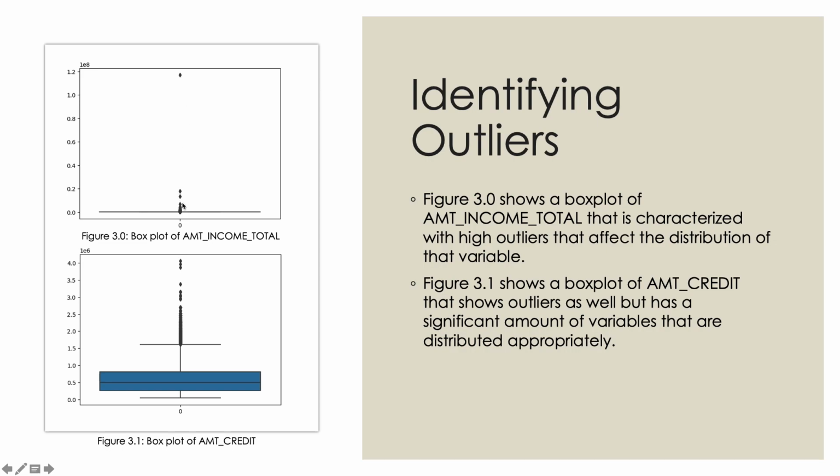Then we can go all the way to the bottom, and here we can see that there are a lot of clients that fall in the same range of the income that they earn, but also outliers as well. Then looking at the main data, which is actually quite small, of people that earn income, and the amount of credits, this shows that the loan company has a sort of margin of how they give out their loans.